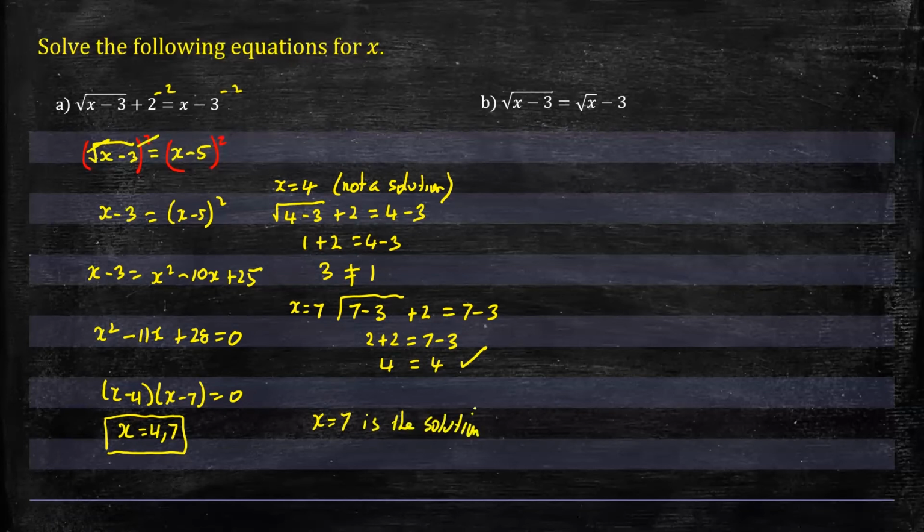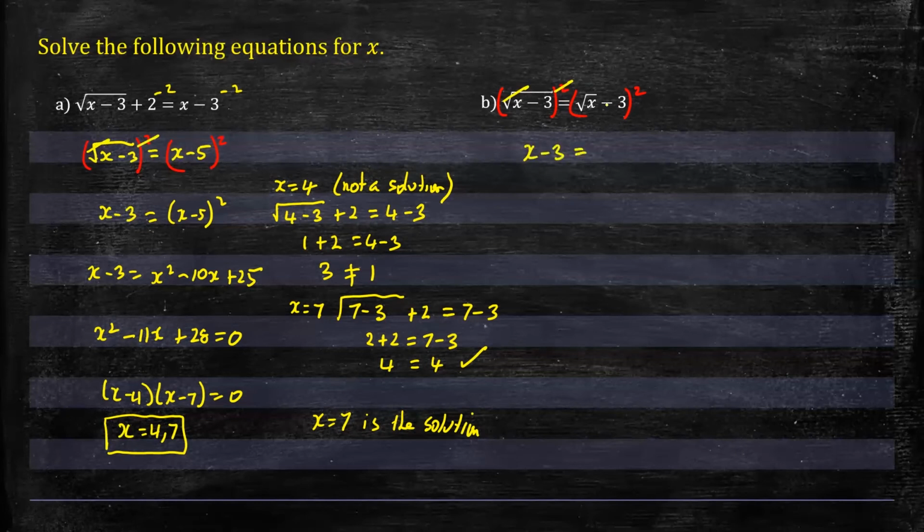In question B, we have the square root of x minus 3 equals the square root of x minus 3. Now, in this question, I would take the square of both sides. So let's square both sides. And when we square the square root sign, this square will cancel the square root. So we'll have x minus 3.